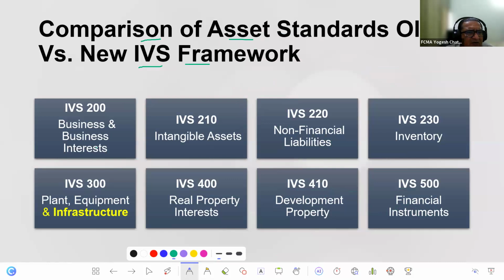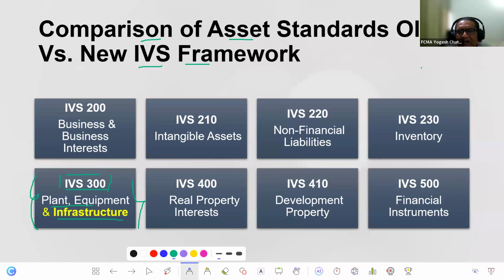IVS 300, which earlier related to plant and equipment, is now plant, equipment, and infrastructure. So guidance on how to value an infrastructure project is provided under IVS 300.